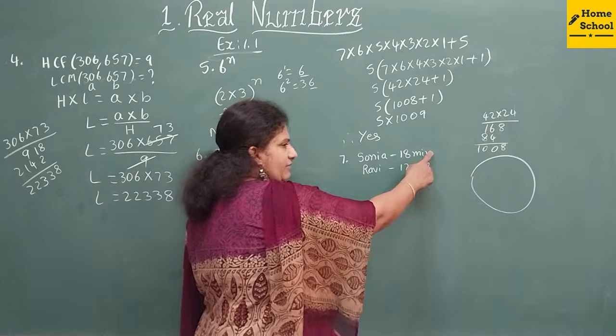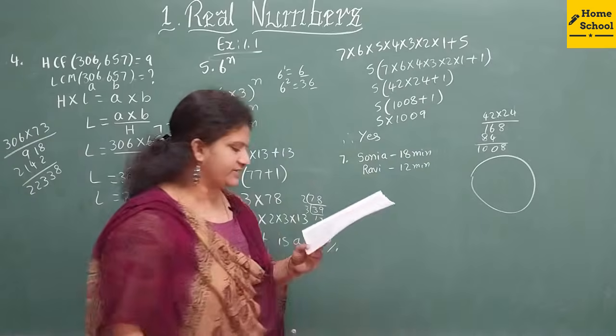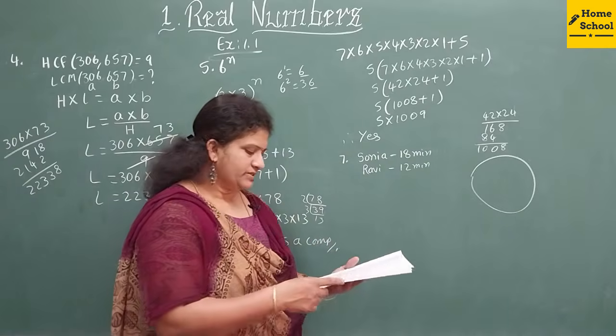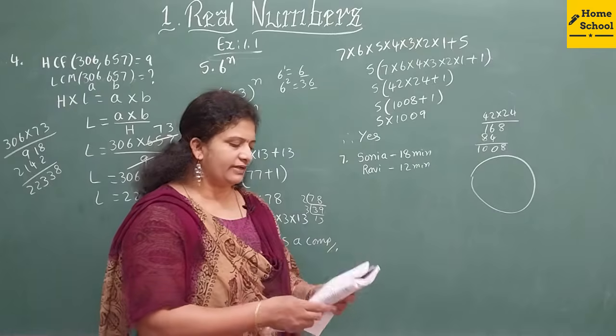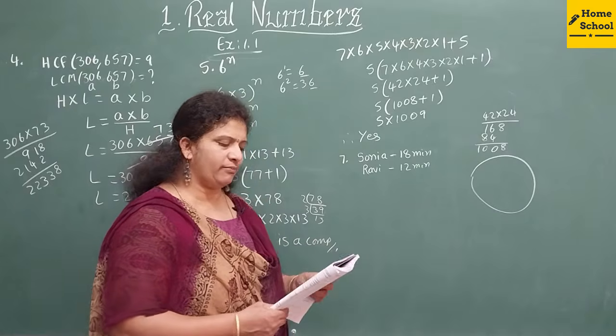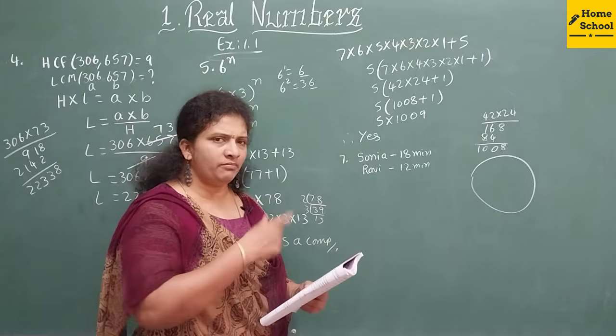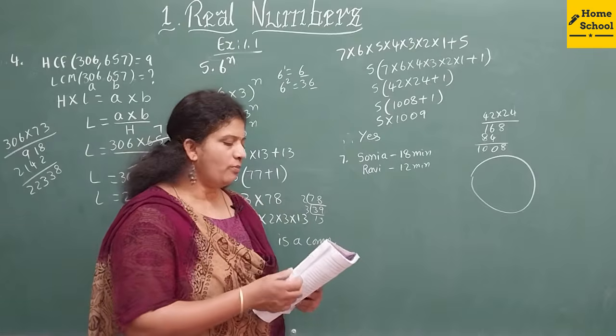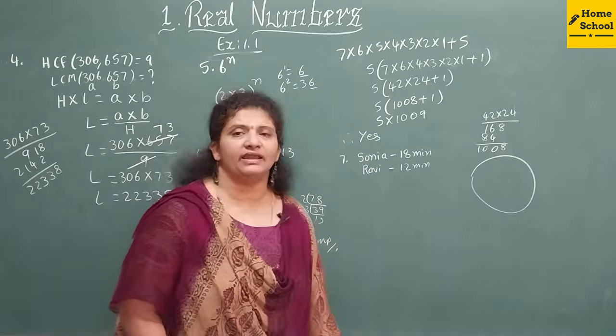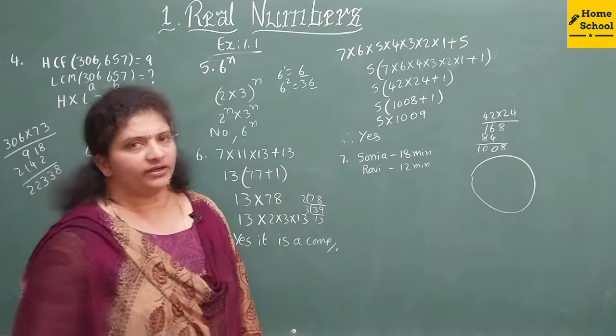Suppose they both start at the same point at the same time and go in the same direction. After how many minutes will they meet again at the starting point?